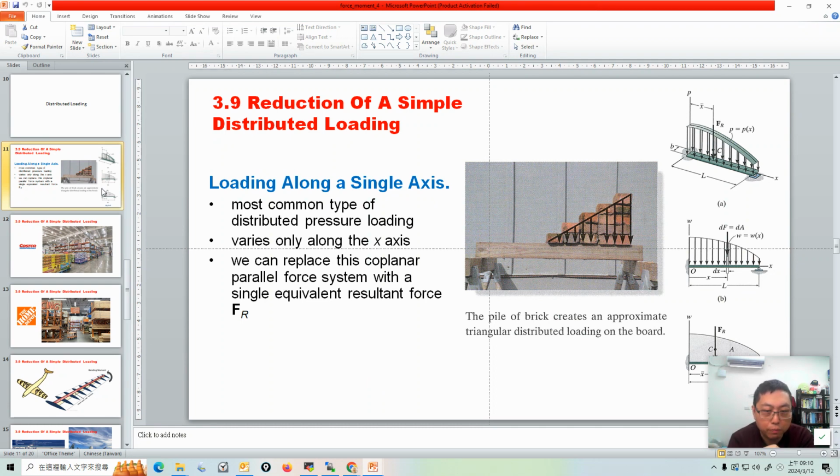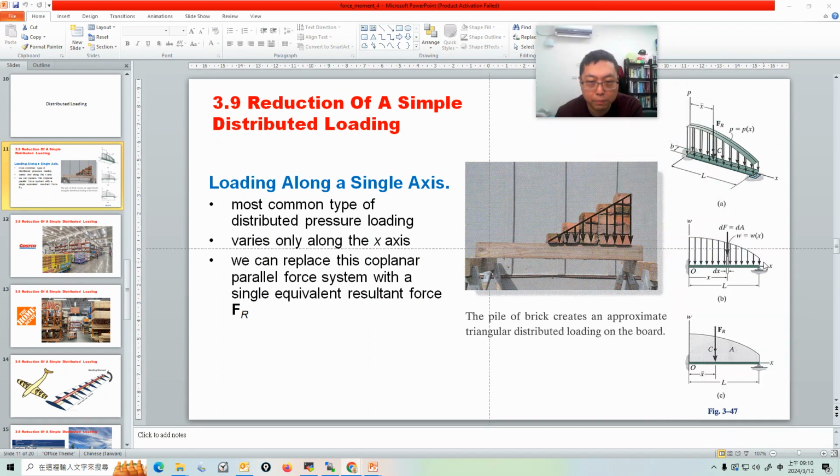In this section, I will show you how to make a reduction of a simple distributed loading, using what we just learned, simplification of a system. Right now I have a distributed loading system, and I want to simplify it into one single resultant force, and know where the resultant force is acting.